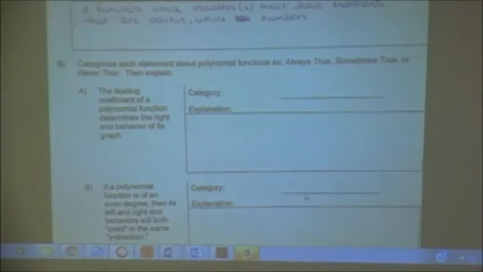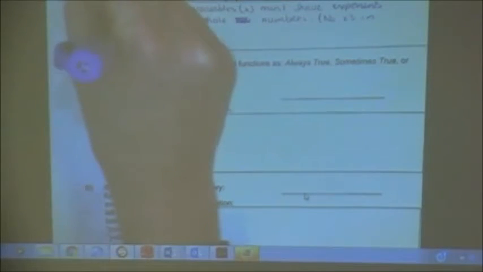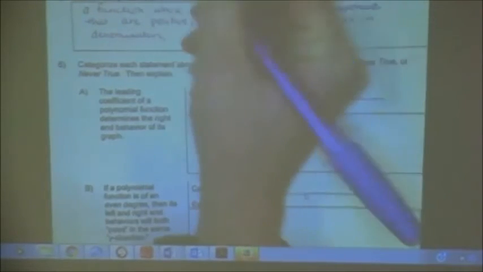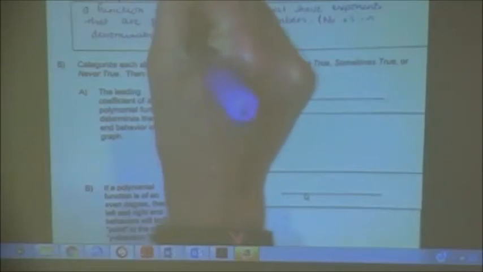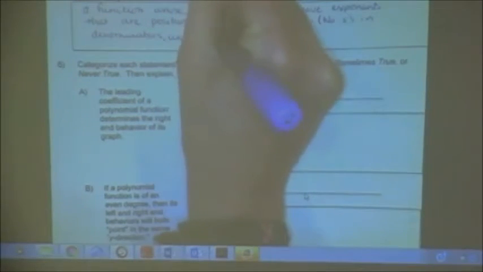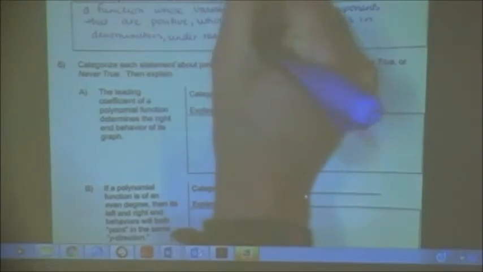The other thing that you need to look for when you're identifying whether or not they are a polynomial function is, I'll put this part in parentheses, there can be no x's in denominators, under radicals, or in exponents.